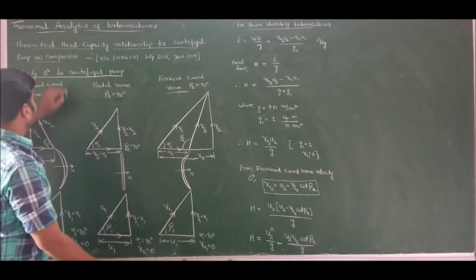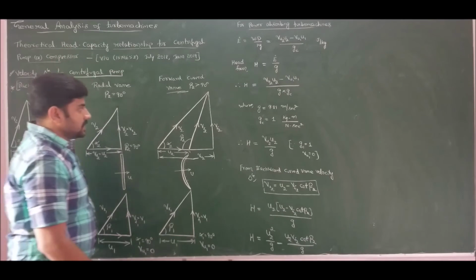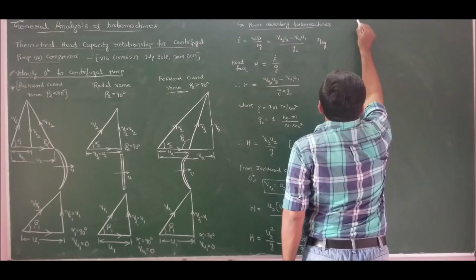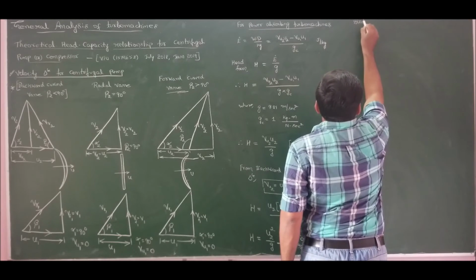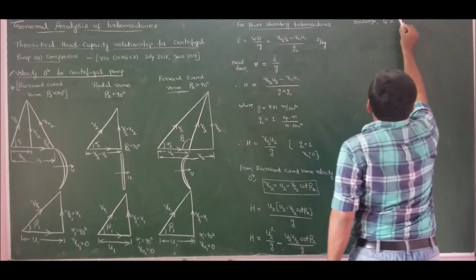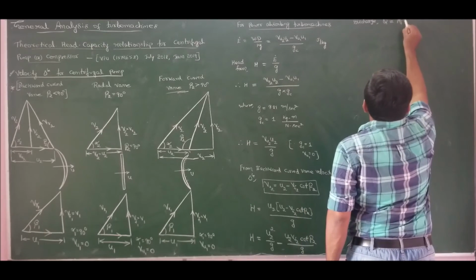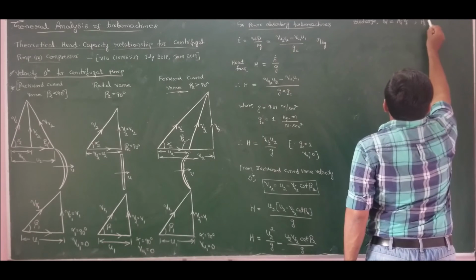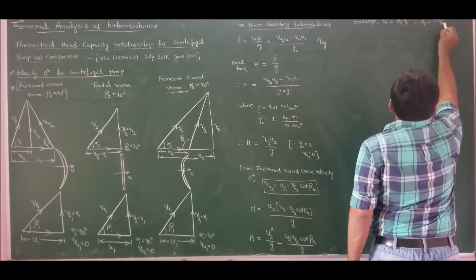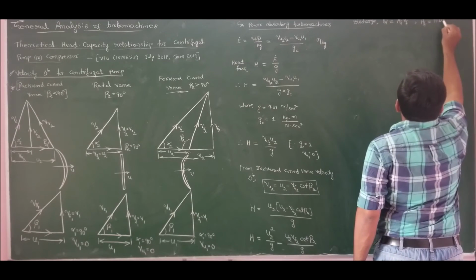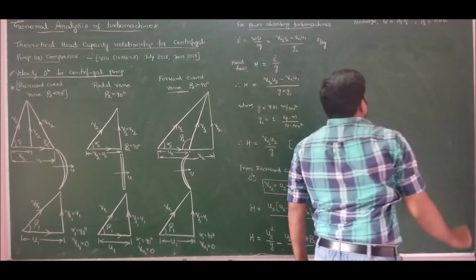Now I should introduce capacity, that is discharge. We already know that discharge Q is equal to flow area into velocity of flow, where flow area is pi d b, diameter into breadth.